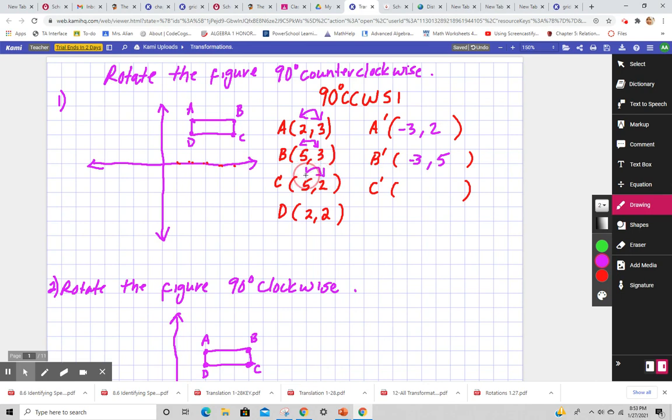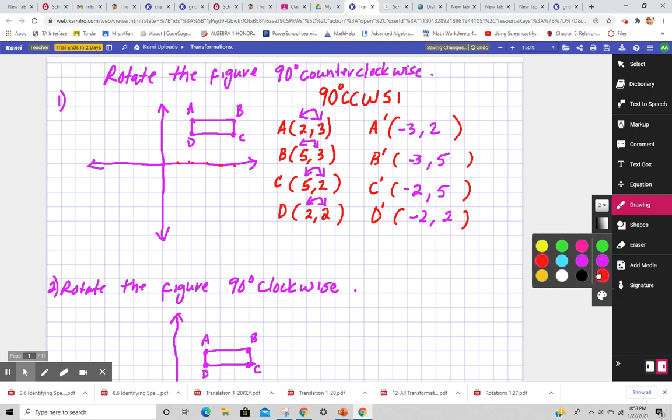C prime: switch X and Y and change the sign of the first. D prime: switch X and Y and change the sign of the first.